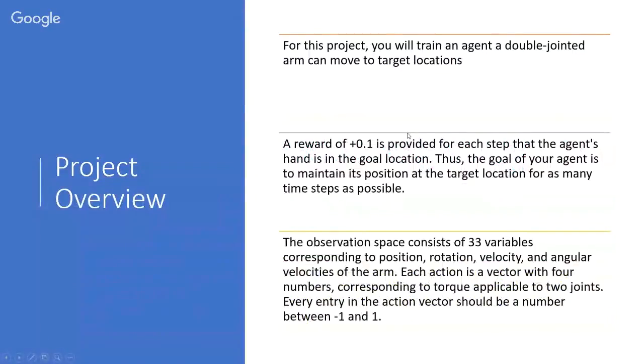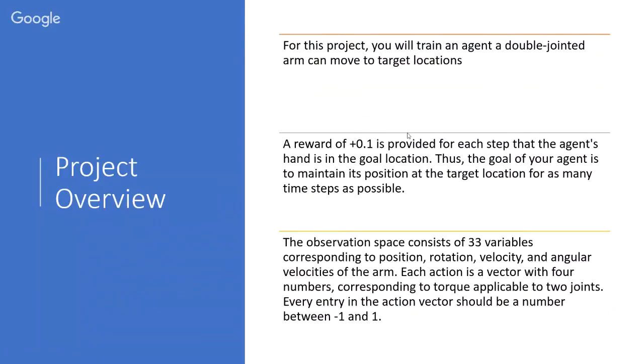With the project, you need to train a double-jointed arm agent to move to a target location. You get a reward of 0.1 for each step that the agent's hand is in the goal location, as it's following it.